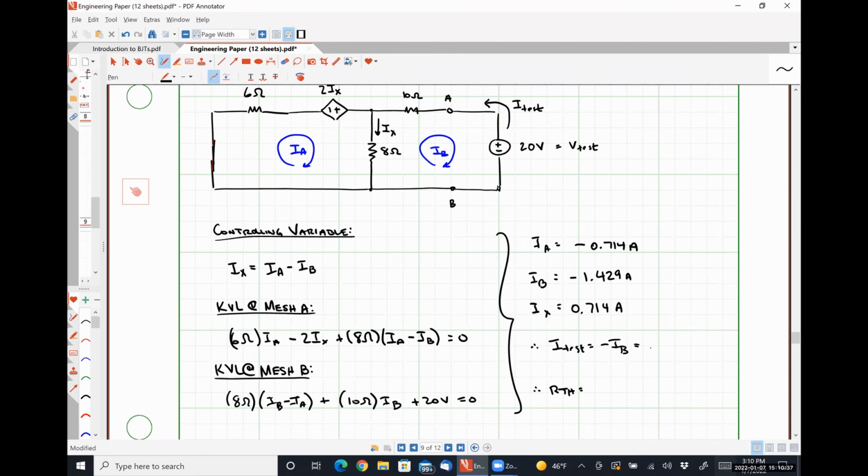So we will get 1.429 amps, 10/7. So R Thevenin is our test voltage, 20 volts, which we chose, divided by 1.429 amps.